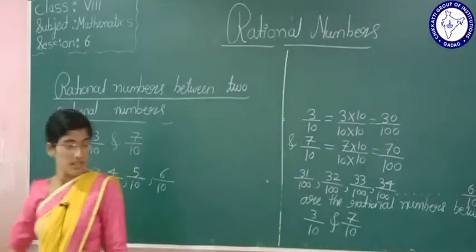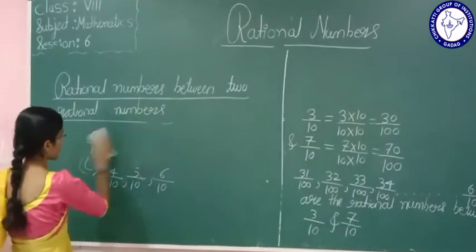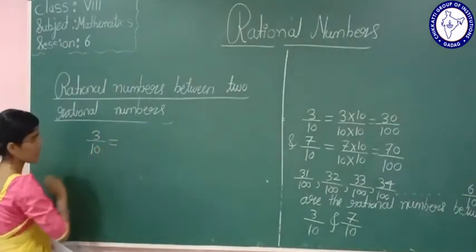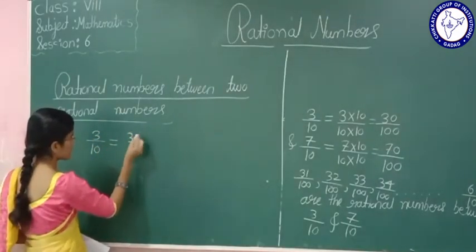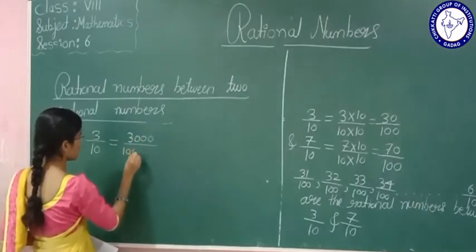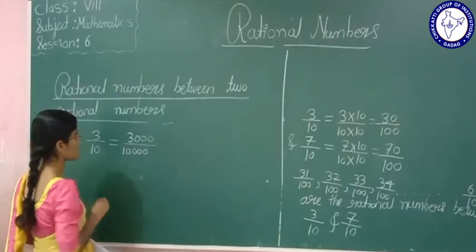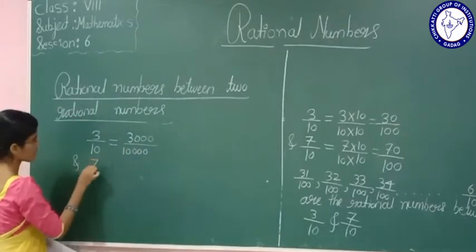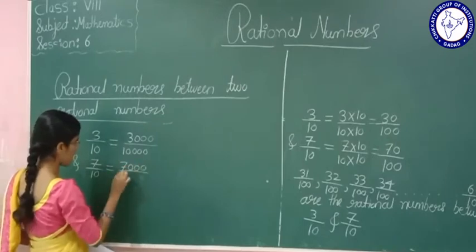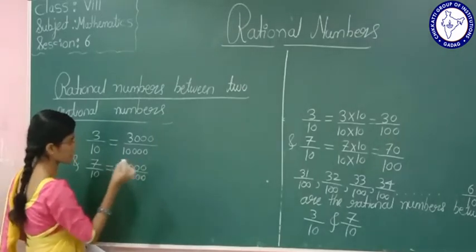See, this 3 by 10 and 7 by 10 can also be written as 3000 by 10,000, okay, and 7 by 10 can also be written as 7,000 by 10,000.